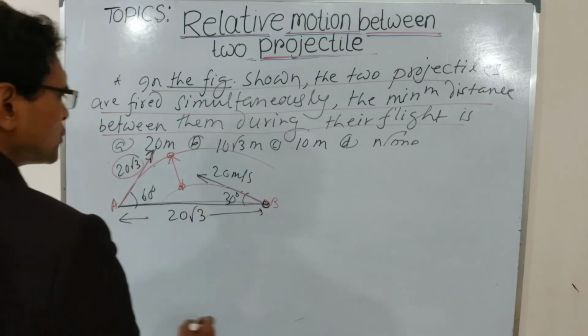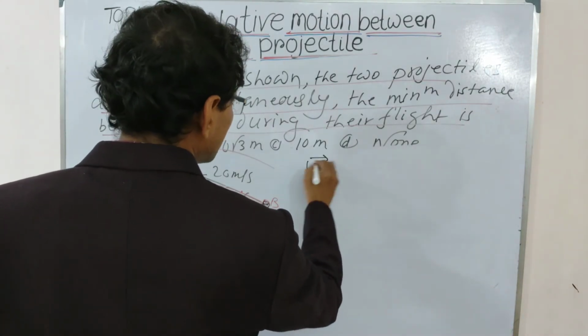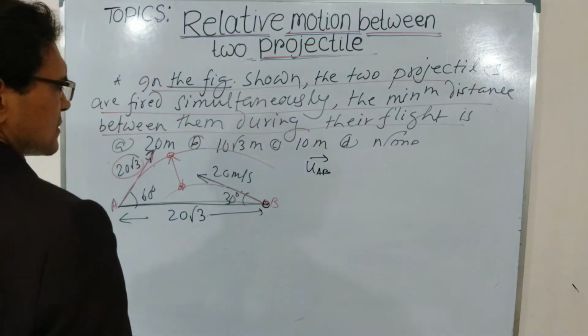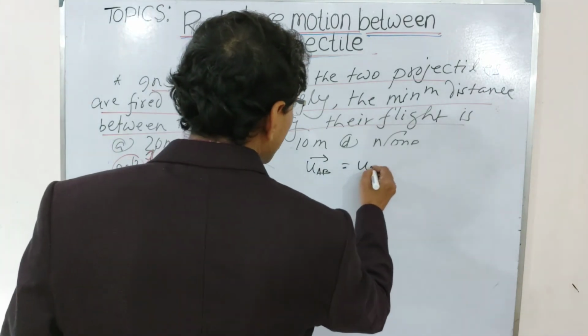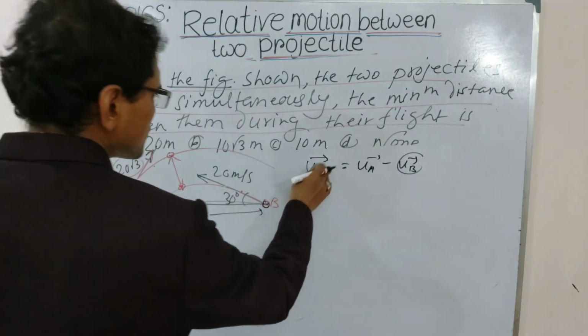A moves with velocity UAB, because UAB means UA minus UB. So if UB is 0, then the particle moves with velocity UAB.